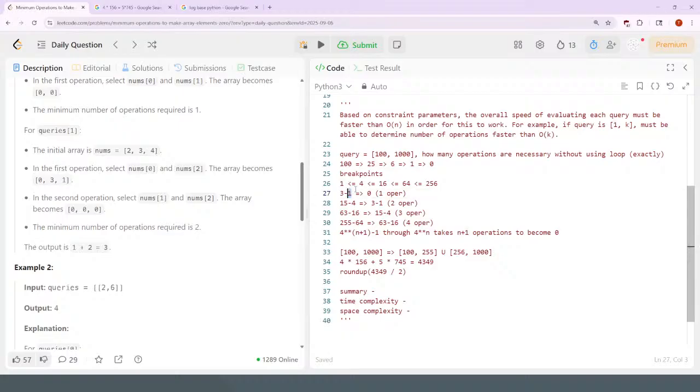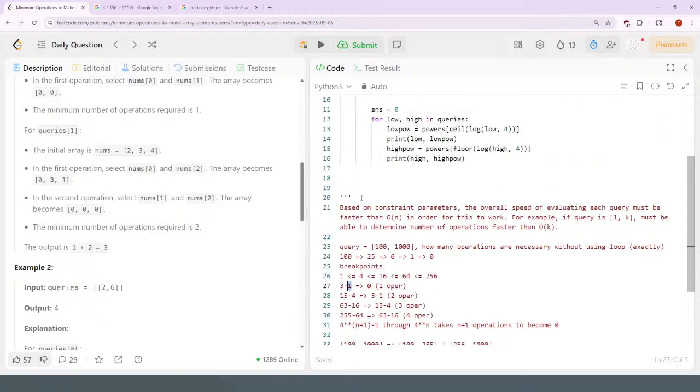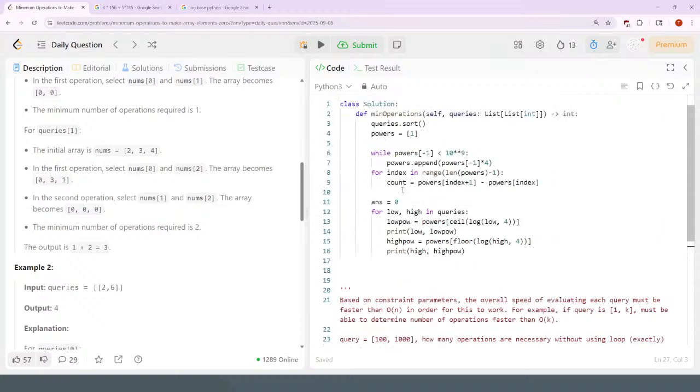So this is one operation. So index is 0. Index is 0. There's one operation, so index plus 1.